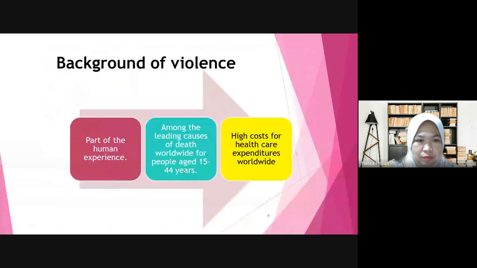Okay. So we talk about violence. Violence is a part of the human experience. It is among the leading causes of death worldwide for people aged 15 to 45, and the impact is high cost for healthcare expenditure.